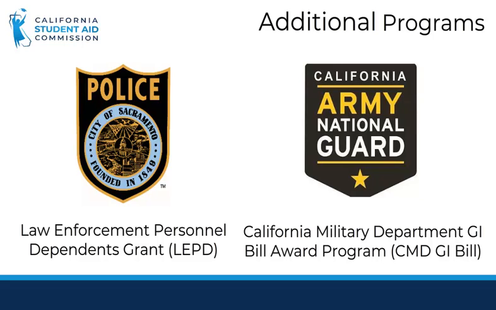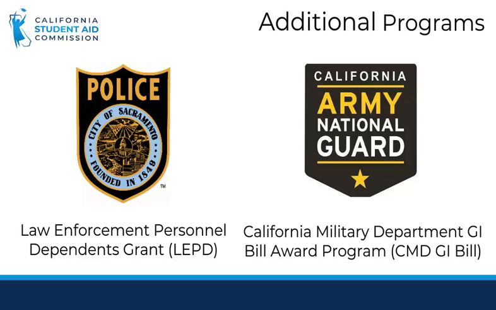The LEPD program provides need-based educational grants to dependents and spouses of California designated peace officers, firefighters, and Department of Corrections employees with demonstrated financial need. The parent must have died in the line of duty or have been 100% disabled as a direct result of an accident or injury in the line of duty. The program, although called a grant, acts as a scholarship and is equal in award amounts to the Cal Grant.